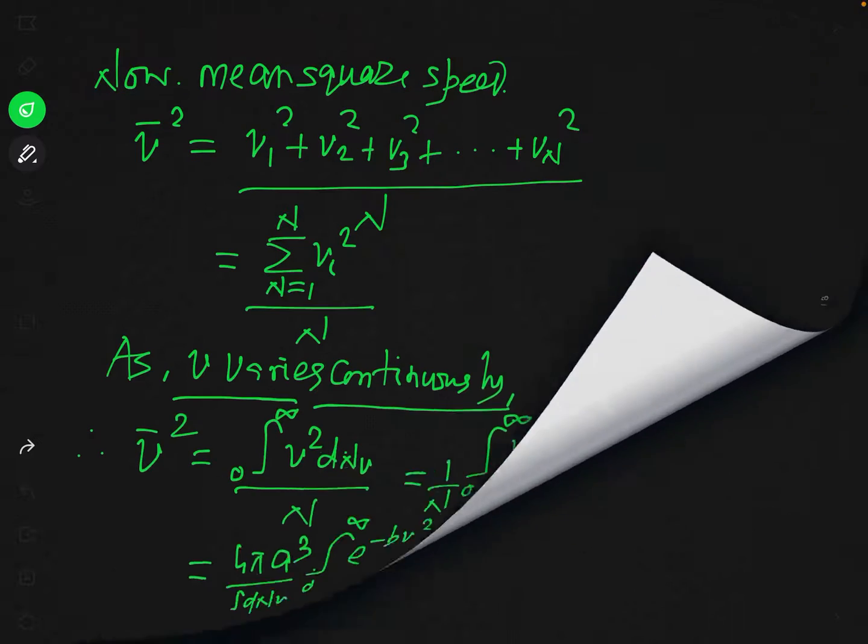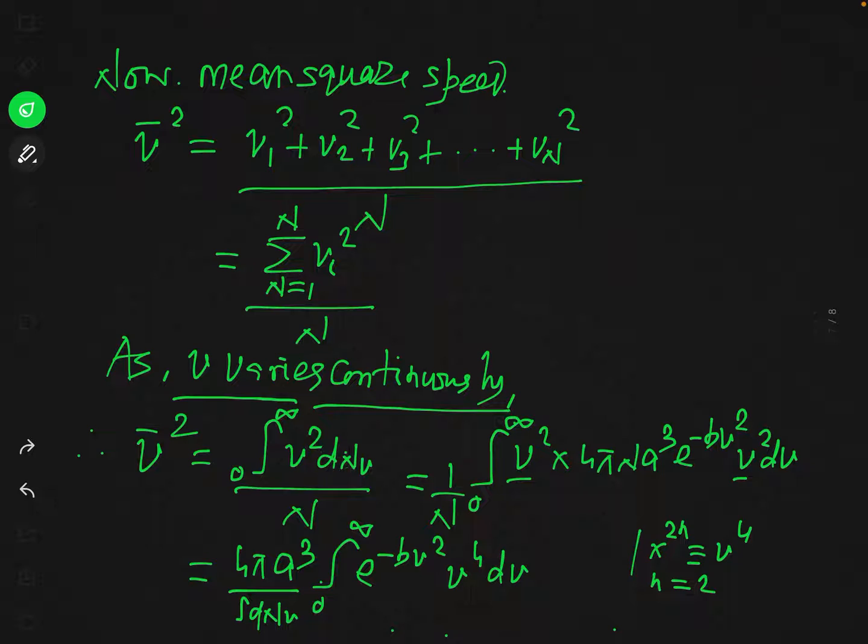And when you substitute the value of dnv in the denominator, then the factor 4 pi a cube n will cancel out. I have actually made a mistake here. We should not say that this n and this n will cancel out, but you should write it in this manner.